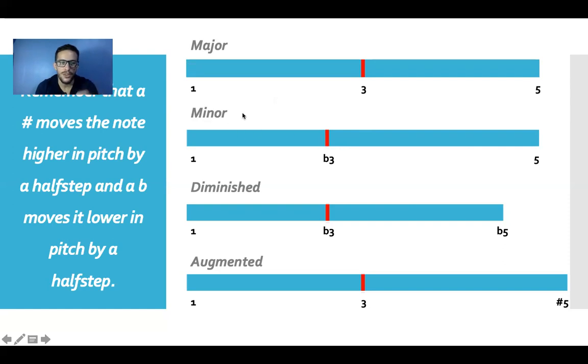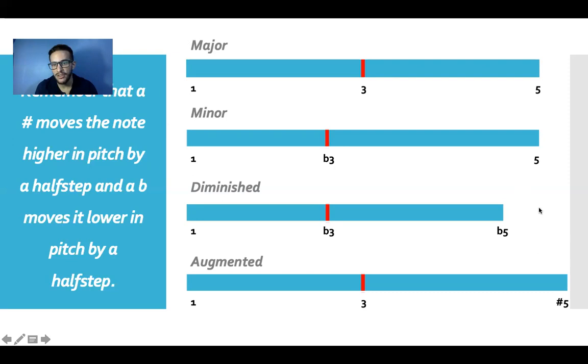Okay, so the distance between the 1 and the 3 in major is going to be bigger than the distance between 1 and flat 3. Why? Because a flat always lowers the note by half a step, okay? The same thing will happen in diminished. Okay, see, we have the flat 3 right on the same flat 3 as minor, but then we don't have the 5, we have a flat 5.